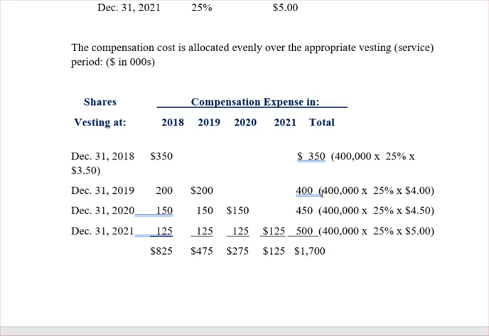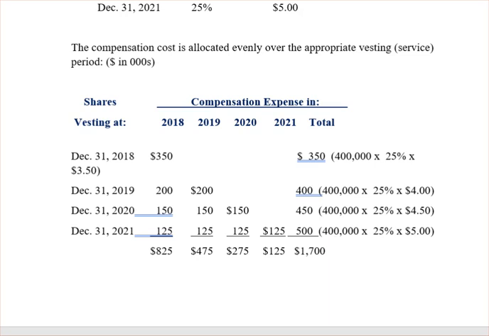Also going back to 2018, you need to have at least 350,000 as expense for 2018 because that's the amount that would have vested on that date. And again, they have 825 hitting.